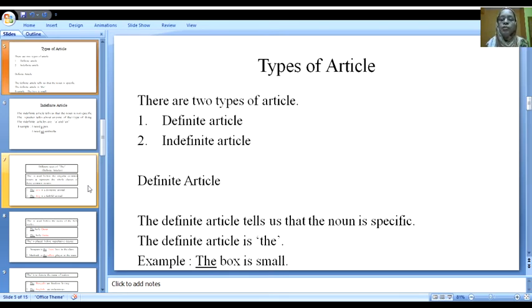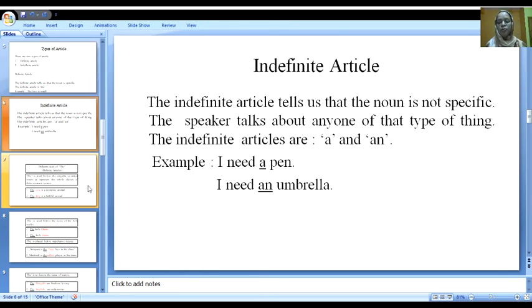There are two types of article. Number 1 is definite article and number 2 is indefinite article. So what is definite article? The definite article tells us that the noun is specific. The is the definite article. Example, the box is small. Here the speaker refers to a specific box which is small.